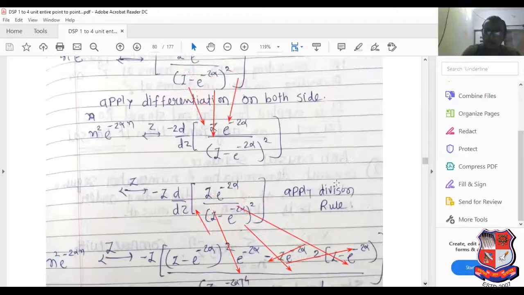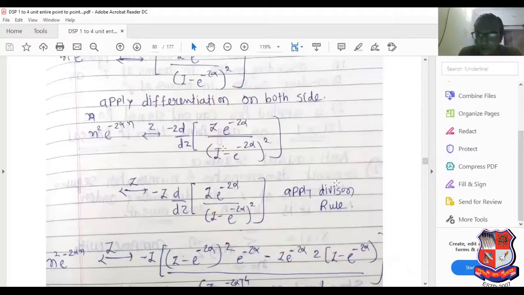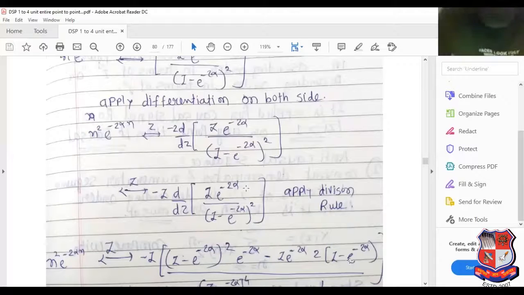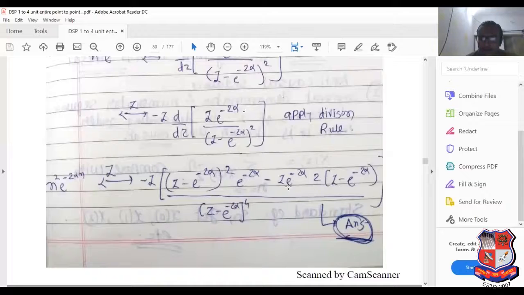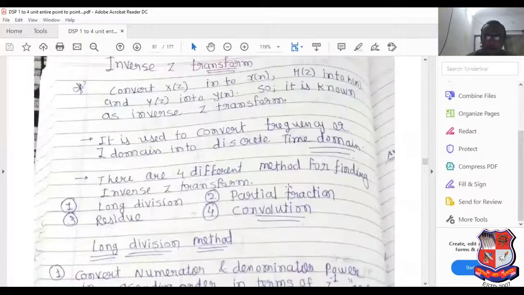See, this is the simple equation. Just apply the differentiation property, denominator as it is. See, this is the as it is term. Do the differentiation of this term. So here e raised to minus 2 alpha minus numerator as it is. Do the differentiation of the denominator, and bracket denominator square. So this is the answer related to the z transform.